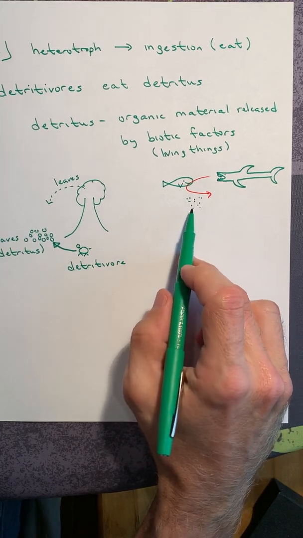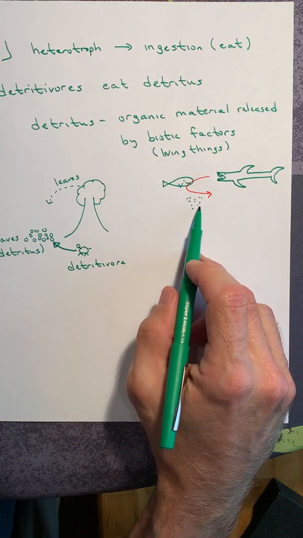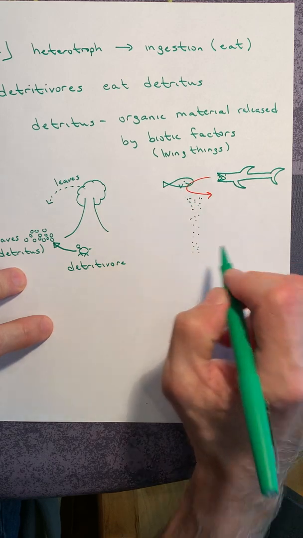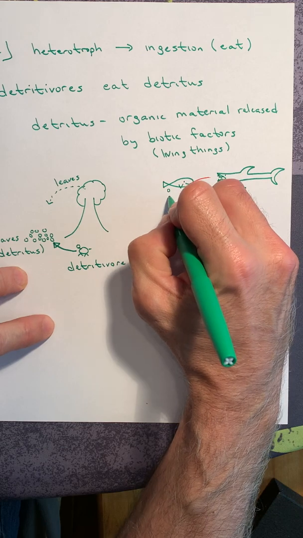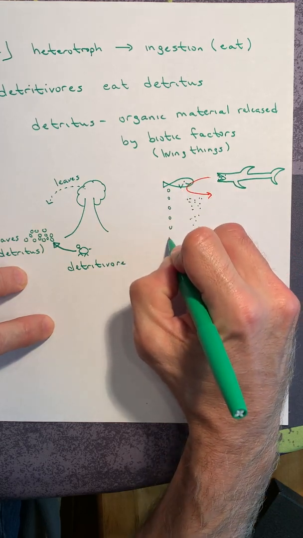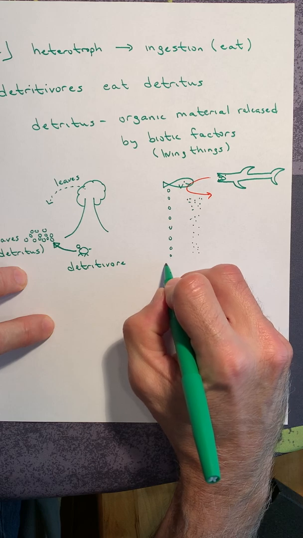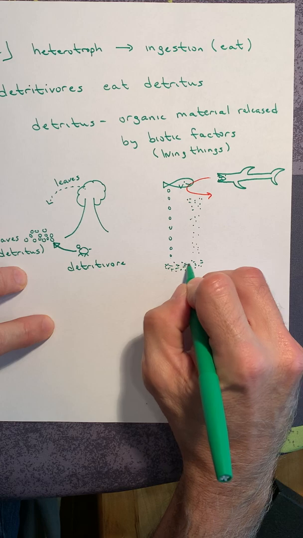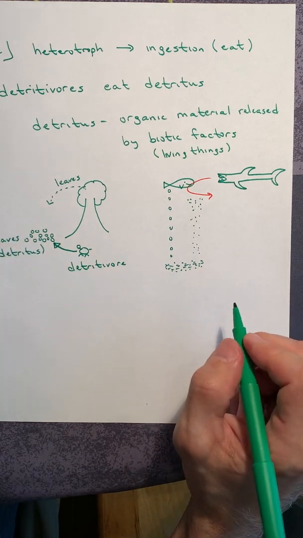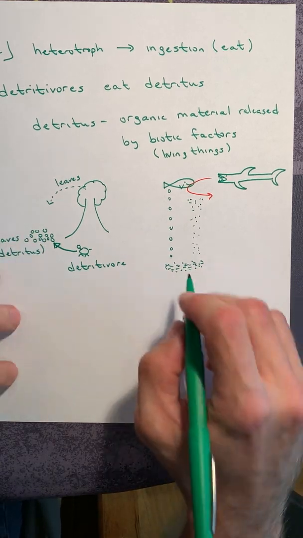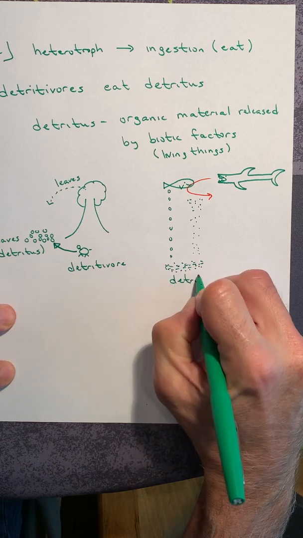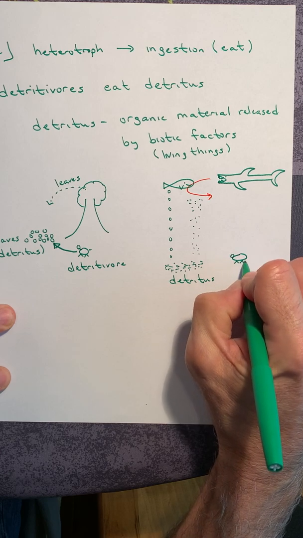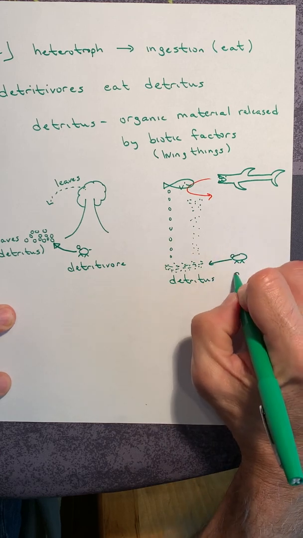This would be meat or muscle. This would be scales. And this particulate then that used to be part of this unfortunate fish would then float to the bottom. Or the fish poops. And this organic material then ends up on the bottom of the seafloor, or if it's freshwater, this would be a lake or a stream, fine. So this, by definition, once again, is detritus. And then any organism that comes along and eats that is, again, a detritivore.